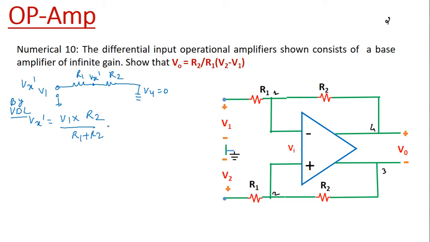So this is our Vx dash, and this is our equation number 3 now. Now we find out Vx double dash. Vx double dash is when V4 is acting and V1 is ground. So the circuit diagram will look like this.